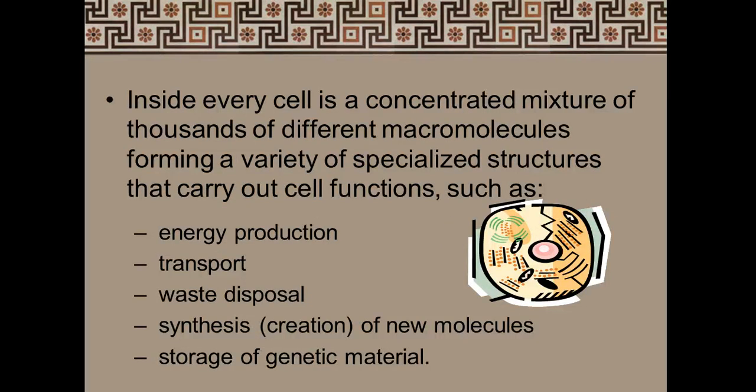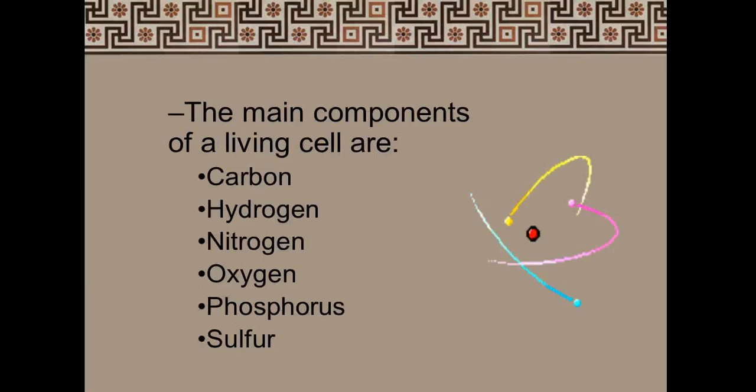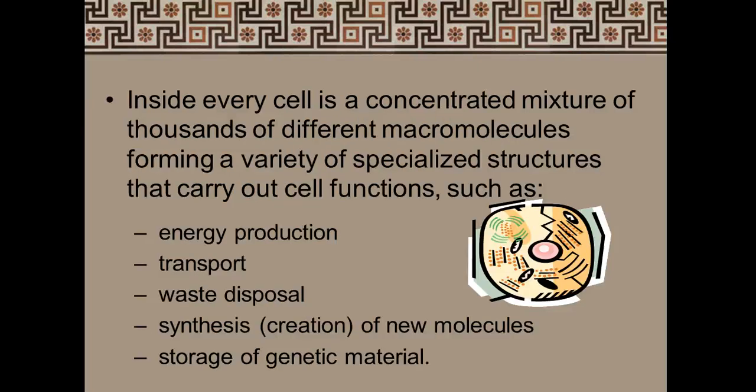Okay, so inside every cell is a concentrated mixture of different macromolecules. And just to clarify, these macromolecules are made up of these types of elements: carbon, hydrogen, nitrogen, oxygen. And all these macromolecules are just large molecules forming a variety of specialized structures that carry out cellular functions. Okay, so we take these macromolecules, which are made up of those elements, and all a macromolecule is a large molecule.